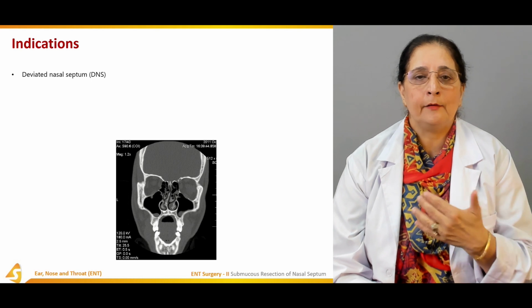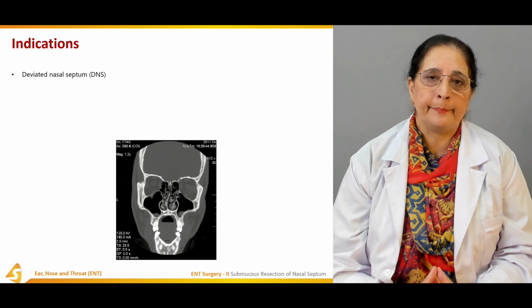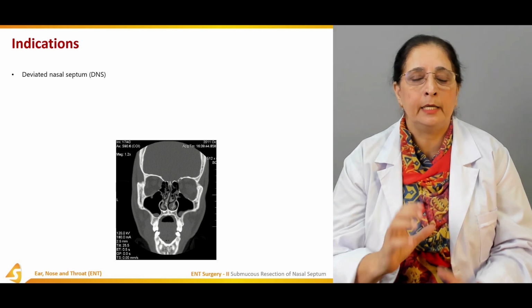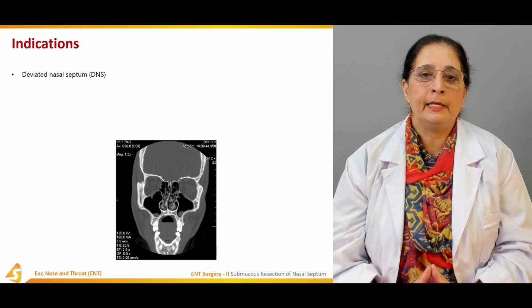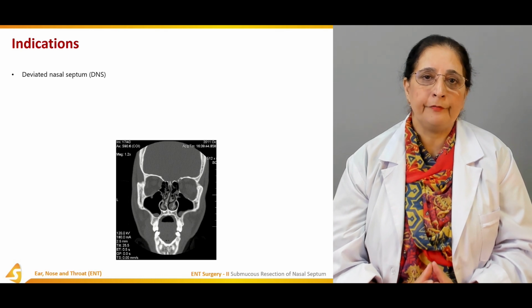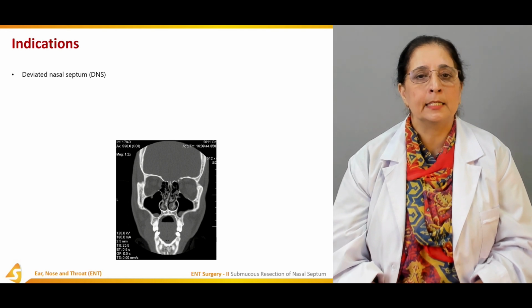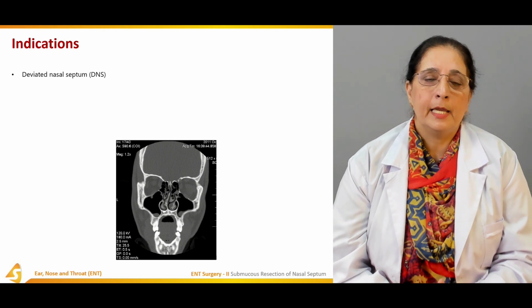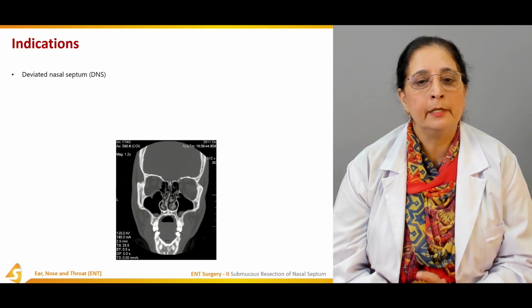It separates the right and left nasal cavity, and if the septum is not in a straight line or is deviated to one side, it usually causes problems, especially nasal obstruction. So that needs to be fixed if present, and the procedure used to correct the septum in DNS is SMR or submucosal resection.